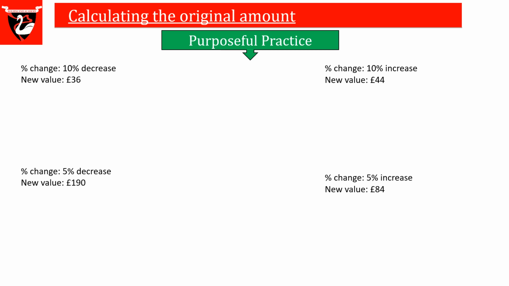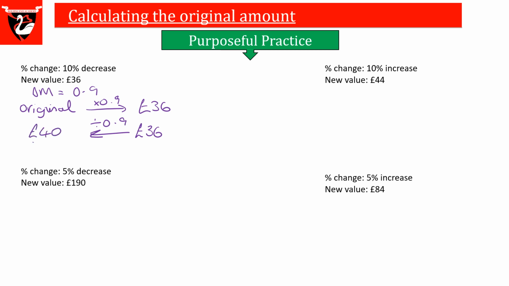So the first question, we have a 10% decrease, so our decimal multiplier is 0.9. So we have our original multiplied by 0.9, giving us a new value of 36. We reverse. We're going to divide by 0.9, giving us an original value of £40.